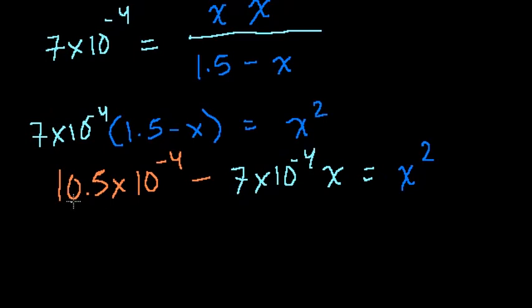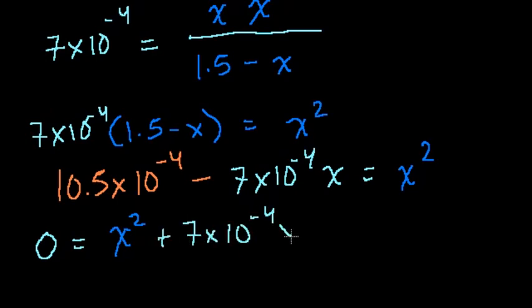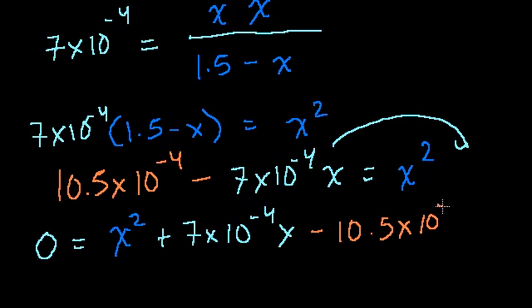Subtracting and adding to both sides, I get 0 is equal to X squared plus 7 times 10 to the minus 4th X minus 10.5 times 10 to the minus 4th.